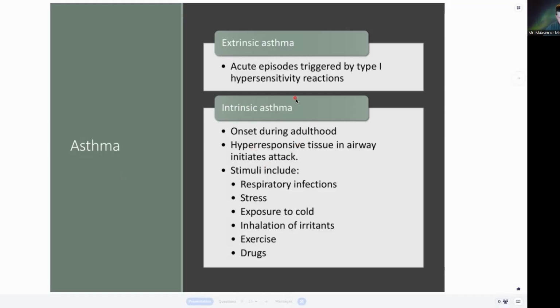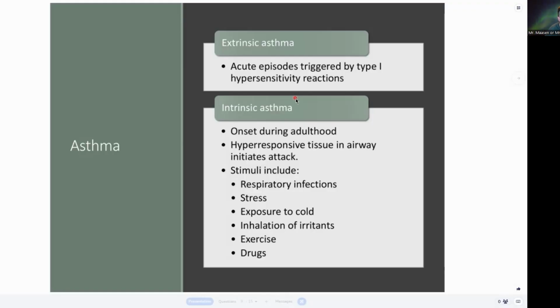Extrinsically, asthmatic reactions can be from outside sources, a hypersensitivity reaction to an allergen, and that's the type 1 kind of anaphylaxis. Intrinsic asthma is the more common. It's usually onset during possibly childhood. But we can get asthma, or excuse me, let me rephrase. Let me reverse. Sorry, I'm mixing stuff up. It's late on a weekend here.